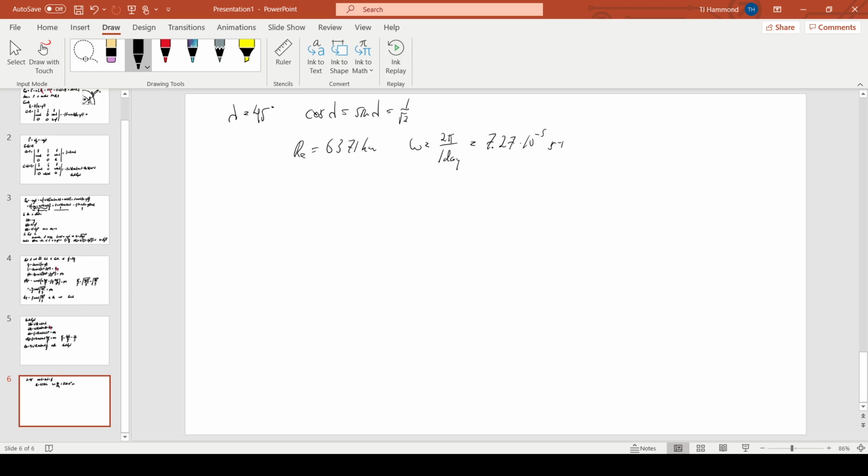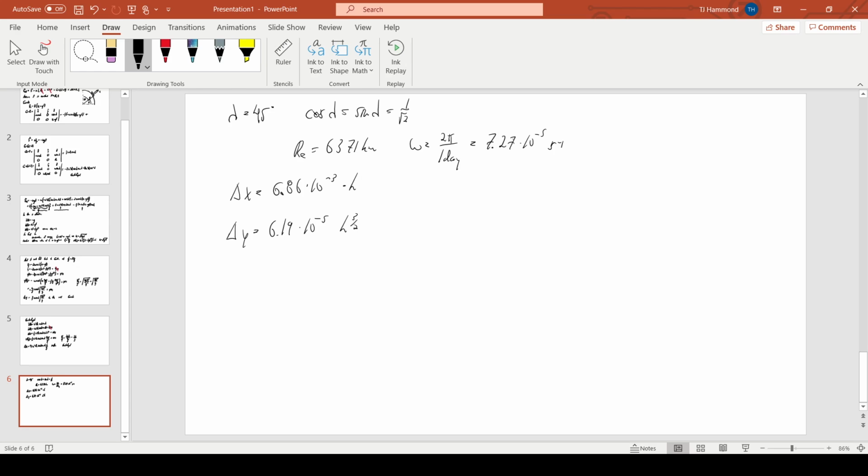Okay, so if we put in these numbers, delta x is 6.86 times 10 to the minus 3 times the height, and delta y is going to be 6.19 times 10 to the negative 5 times height to the 3 halves.